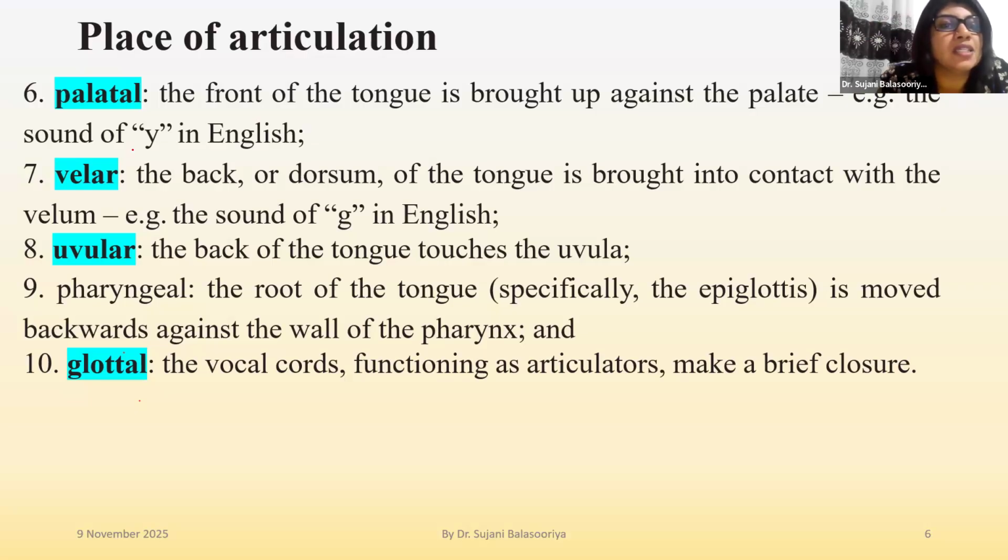Here is correct actually. When we produce this, you produce it and see the front of the tongue, that means the middle part of the tongue, rises and almost touches the hard palate. But there's a problem. Can anybody notice that? They should.